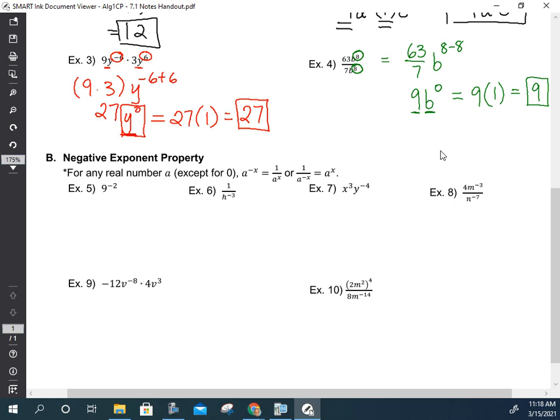Up until today, they were okay because you didn't know that this property existed. However, if you have a negative exponent without a fraction, you're going to change it into a fraction and make the negative exponent a positive exponent.